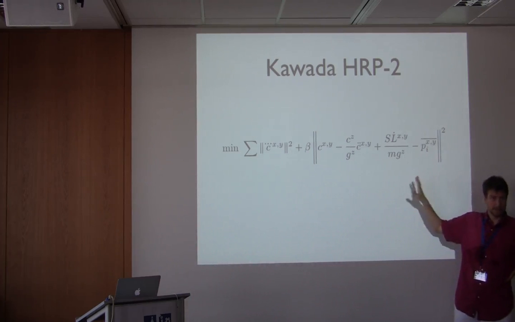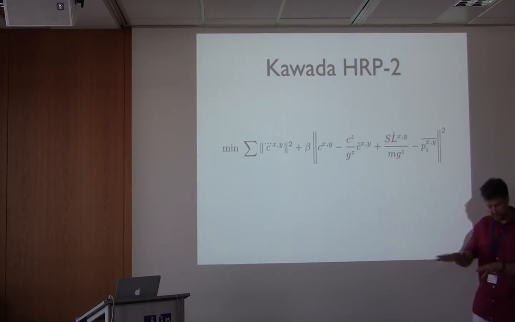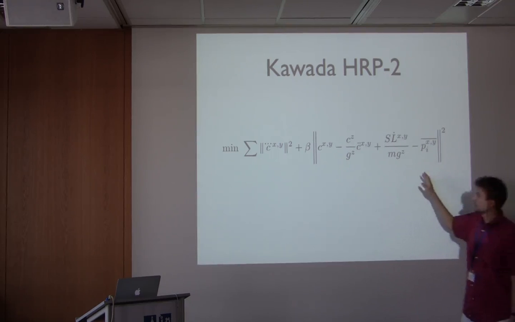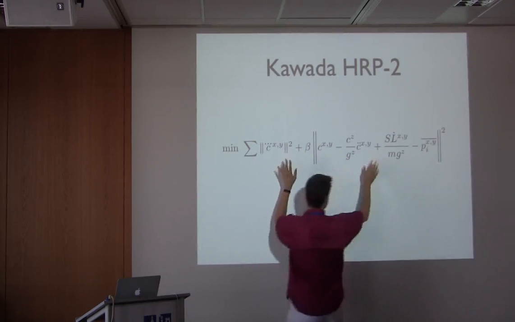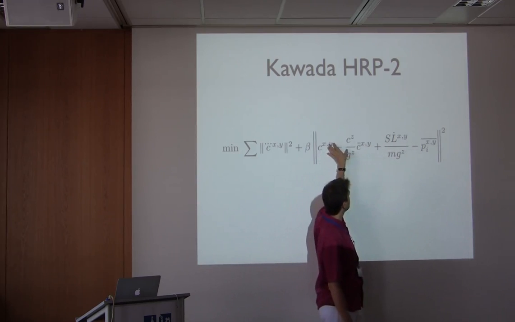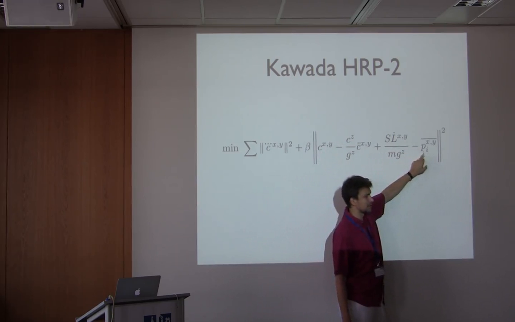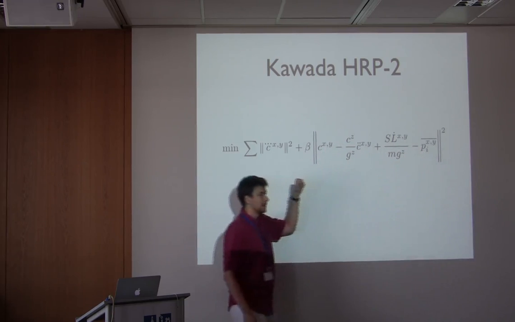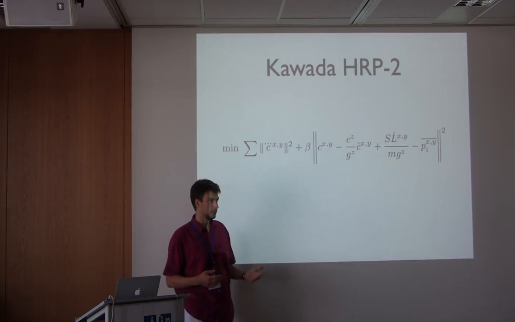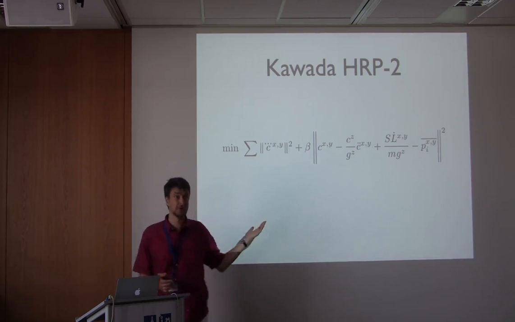Here, let me remind you that we are still with predefined footsteps for these schemes. But still, with predefined footsteps, you can have some adaptation of the motion of the center of mass. But here, by minimizing those two things, you are not sure that your center of pressure, which you want to be as close as possible to the center of the foot, stays inside. If you have a strong perturbation, maybe it will go outside your support polygon, so maybe your robot is going to fall.